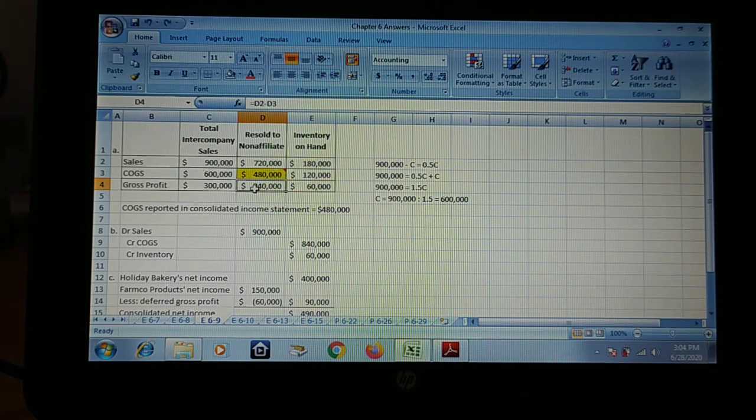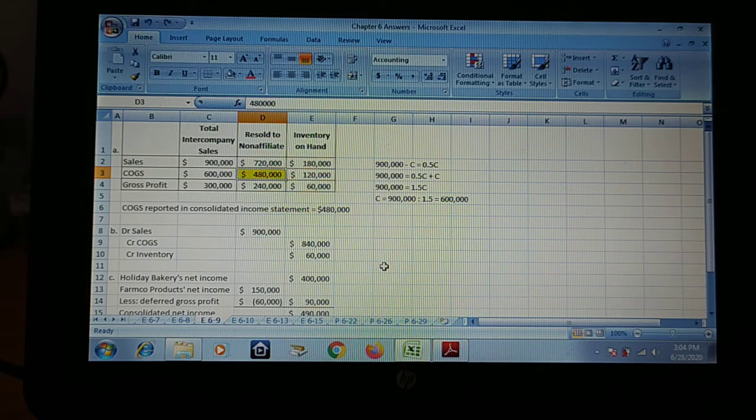If you apply that to the next two columns, you will get the gross profit of 240,000 for the non-affiliate column and 60,000 for the inventory on hand column. Then you can fill in the COGS, which is what we want to find. The COGS reported in the consolidated income statement equals $480,000.